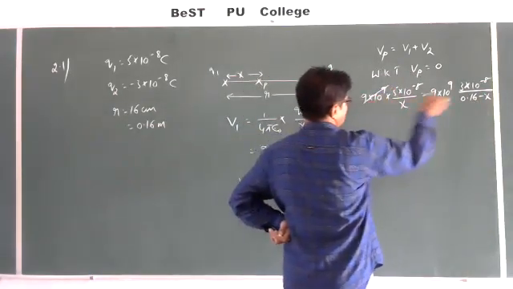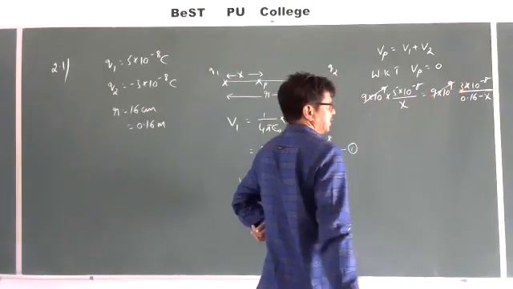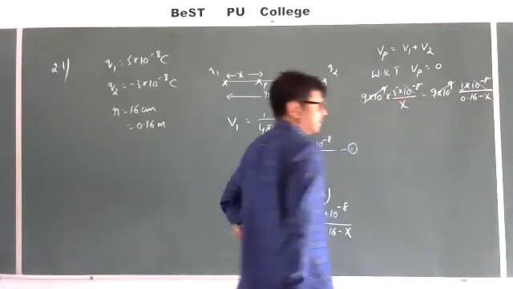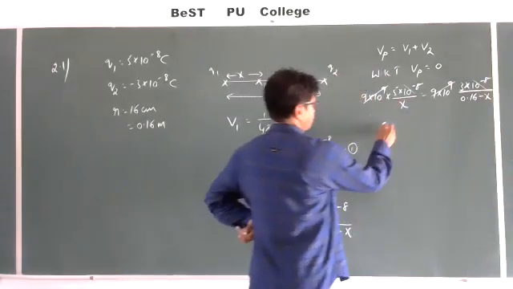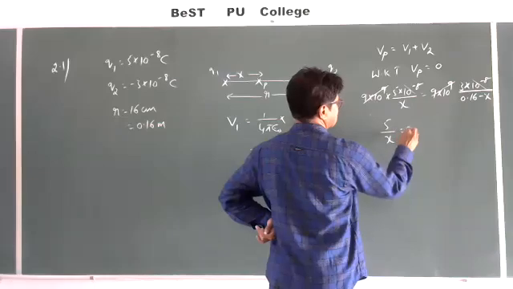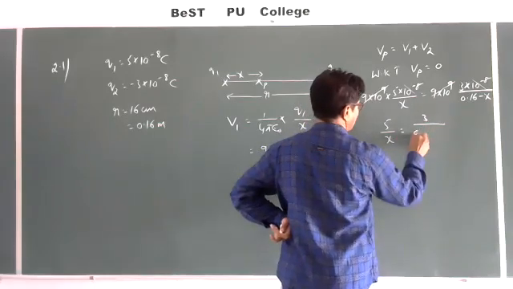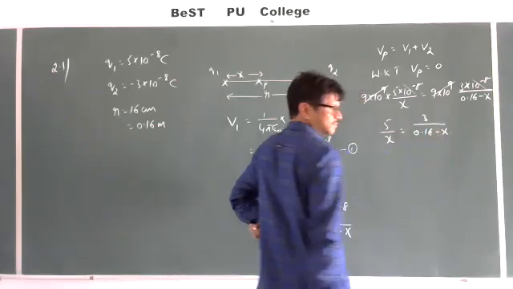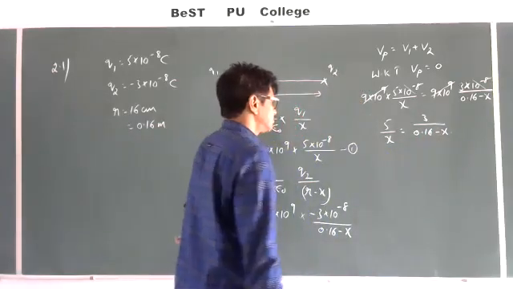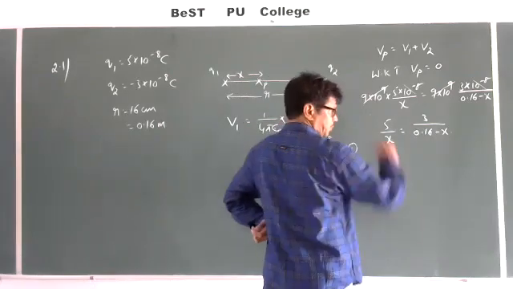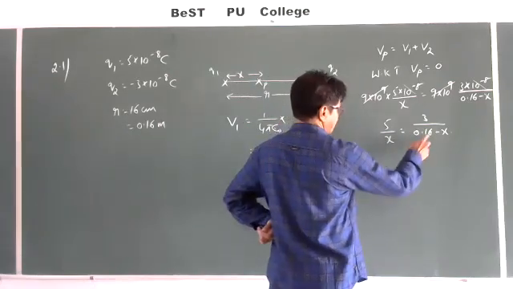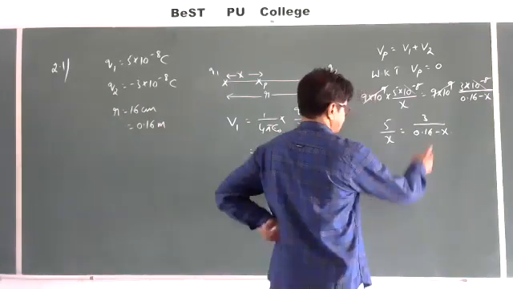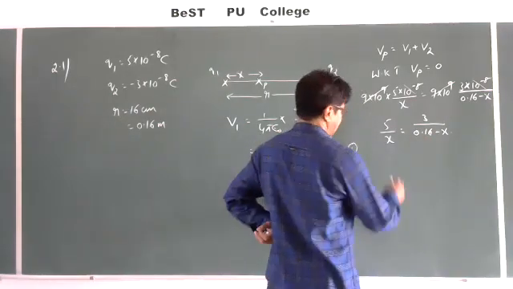9 into 10 to the power of 9 and 9 into 10 to the power of 9 get cancelled. 10 to the power of minus 8 and 10 to the power of minus 8 get cancelled. 5 by x is equal to 3 by 0.16 minus x. If you cross multiply, 16 5s are 80.